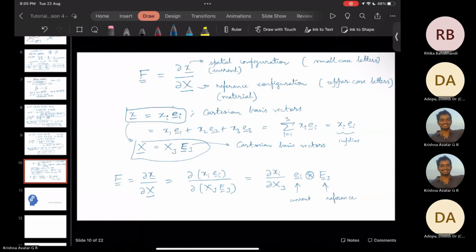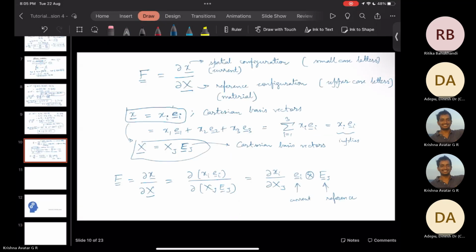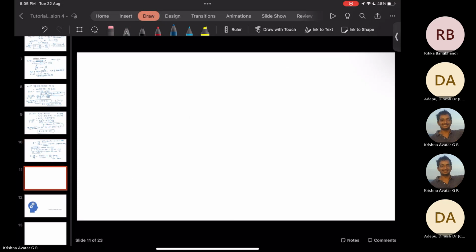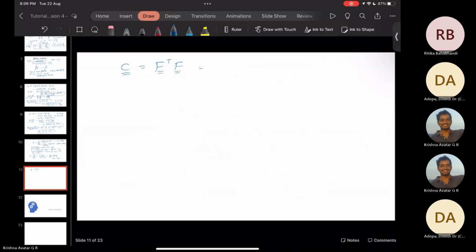Now, to move ahead further, we defined a term C as F transpose F. In terms of indicial notation, I'll take the same expression, xi divided by capital Xj, EI and then capital EJ.